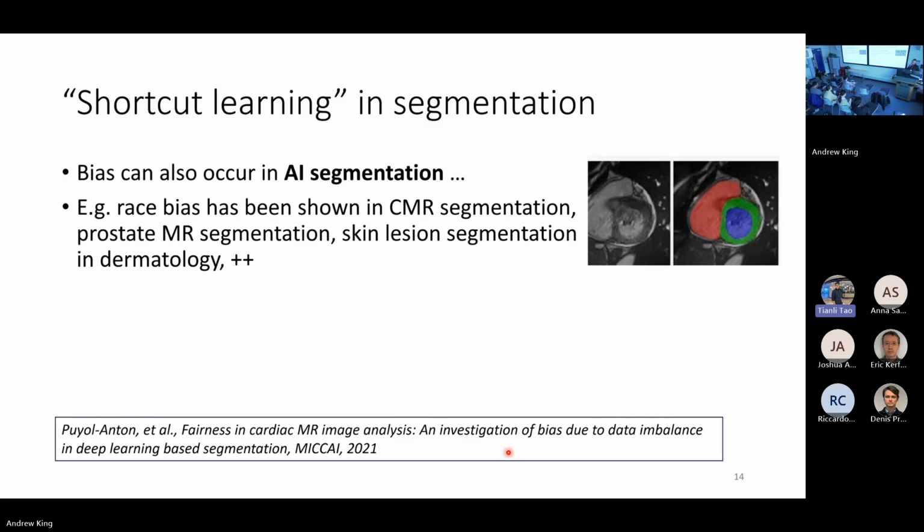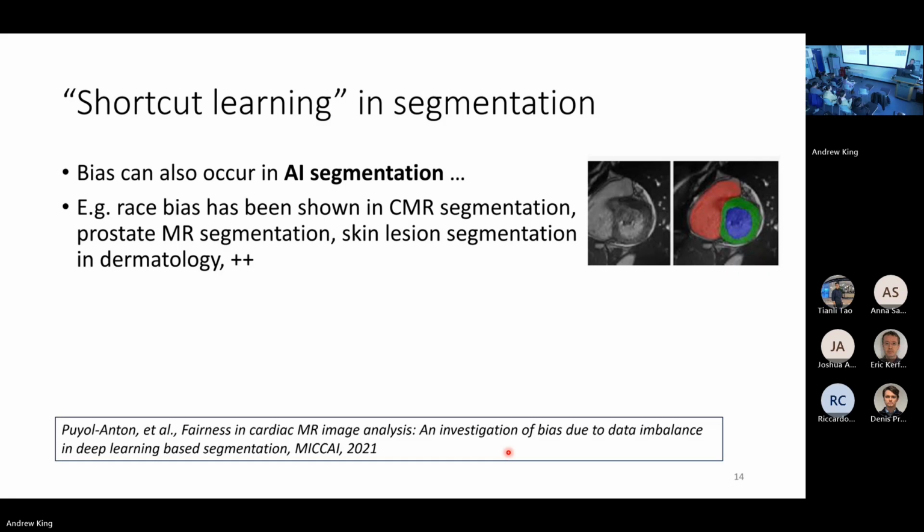We did some work a few years ago where we trained CMR, cardiac MR, segmentation models using racially imbalanced data. We found that the models perform much better on the race on which they were trained. So if you trained it mostly on white people, it will perform much less well on Asian or Black people. And we've seen a similar phenomenon in skin lesion segmentation and prostate segmentation from MR as well.